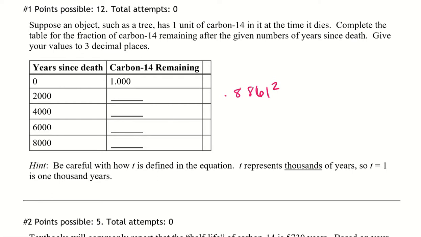So I'm going to put 0.8861 to the second power because we have 2,000. So the next one would be 0.8861 to the fourth power, then to the sixth power, then to the eighth power. And then I would plug those into my calculator. And for the first one, I get 0.785, rounded to 3 decimals.